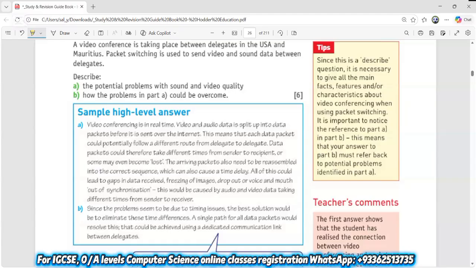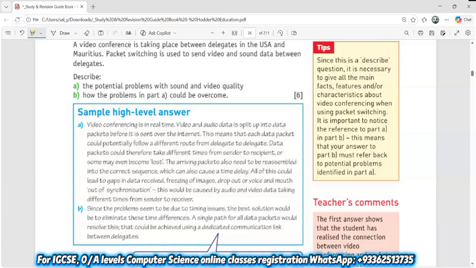So this whole discussion is going to give a good impression on the examiner that the child knows how to answer. Arriving packets also need to be reassembled into the correct sequence, which can cause a time delay. All of this could lead to gaps in data received, freezing of images, dropout, or voice. So this is a very clear explanation, you may have observed it yourself, and this is going to definitely give the student a very good 6 out of 6.